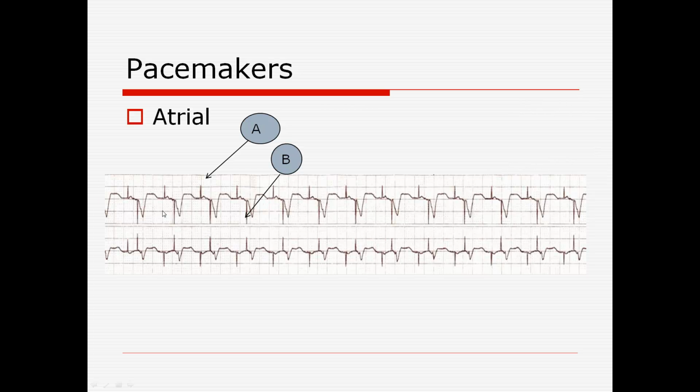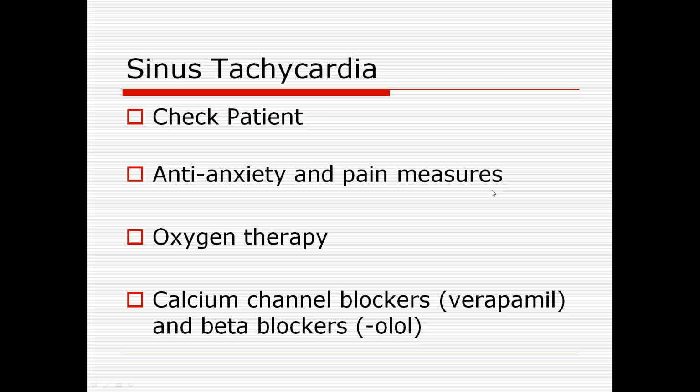So for every one of these, we have a pacer spike, it causes it to contract, there's the P wave, here's the ventricular spike, causes the wide QRS. All along here, we can see the pacemakers doing the pacing. These are then atrial and ventricular pacer spikes.